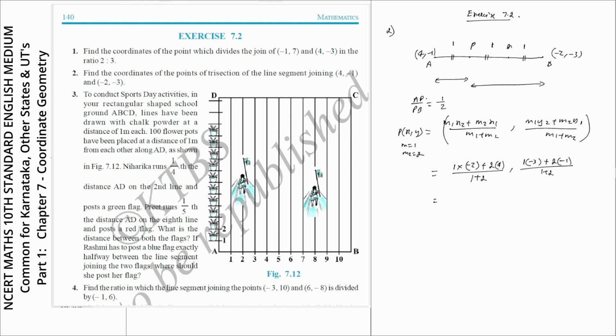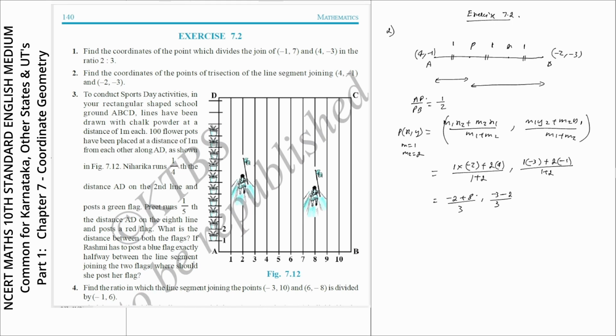So here I'll get 1 into minus 2 is minus 2, plus 2 4s are 8, by 1 plus 2 is 3. So 1 into minus 3 is minus 3, plus 2 into minus 1 is minus 2.